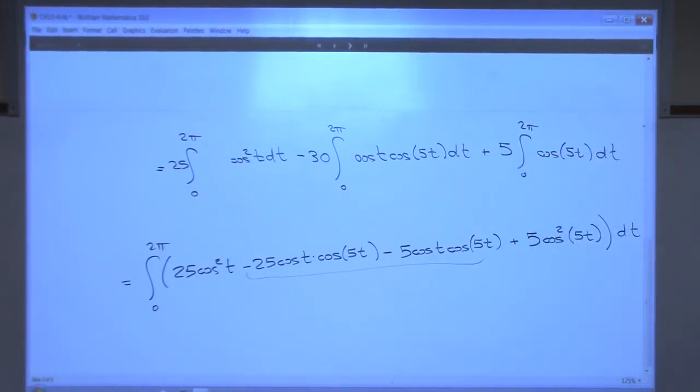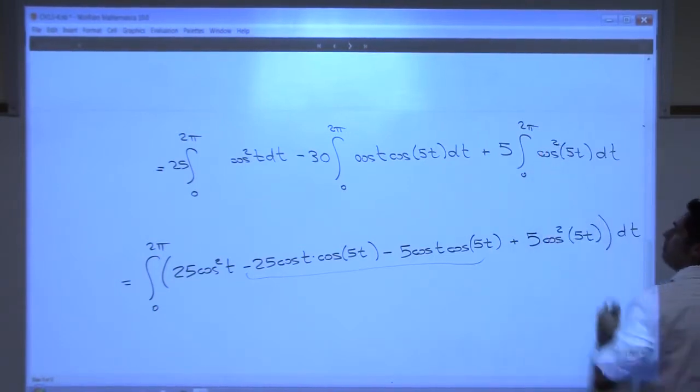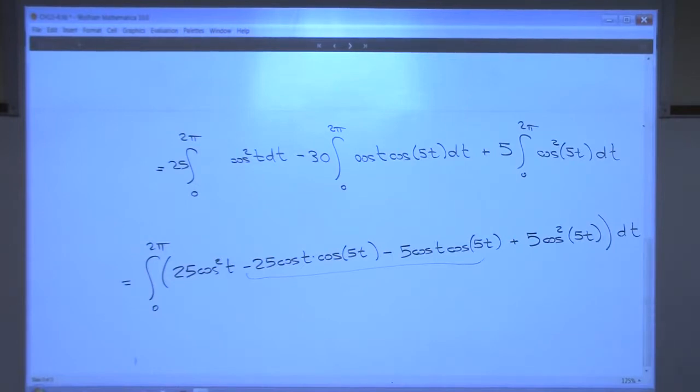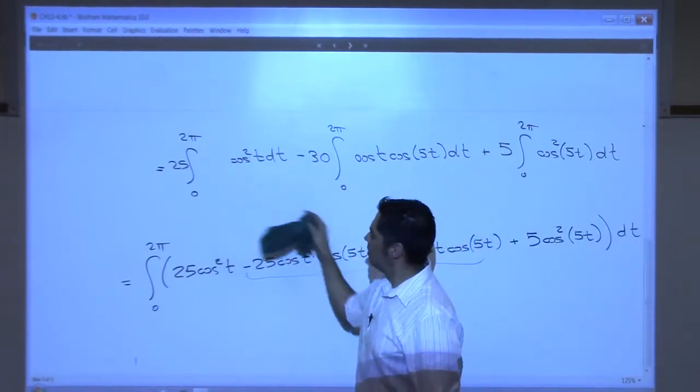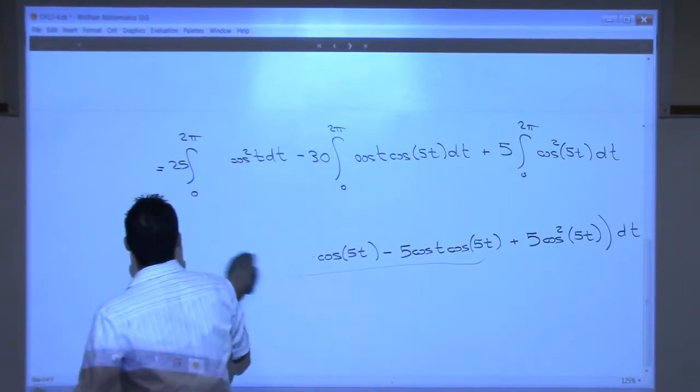Do y'all agree? Okay. Squared, yes, thank you. Okay? I think this one's doable. This one's doable. I'm more interested in the middle one.